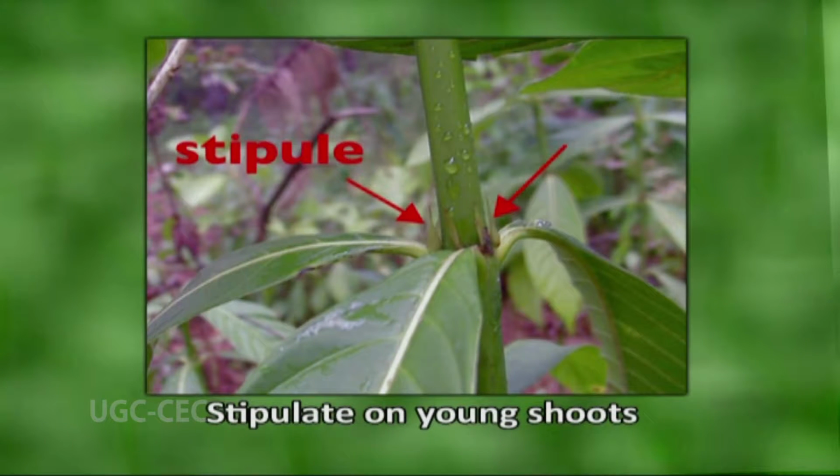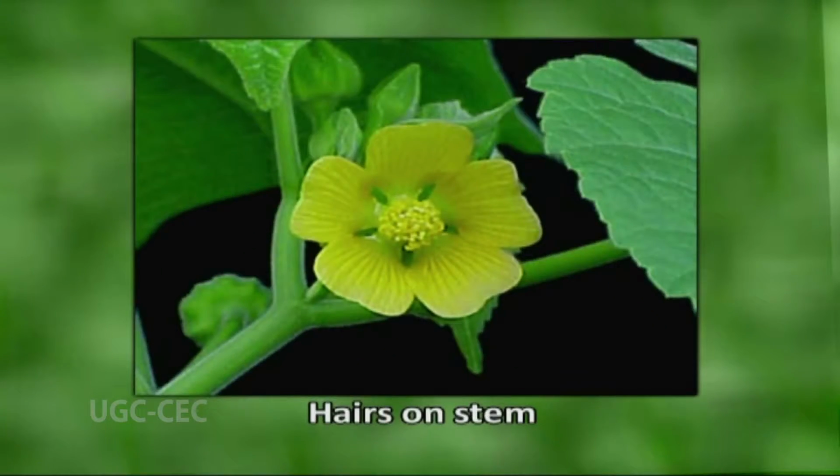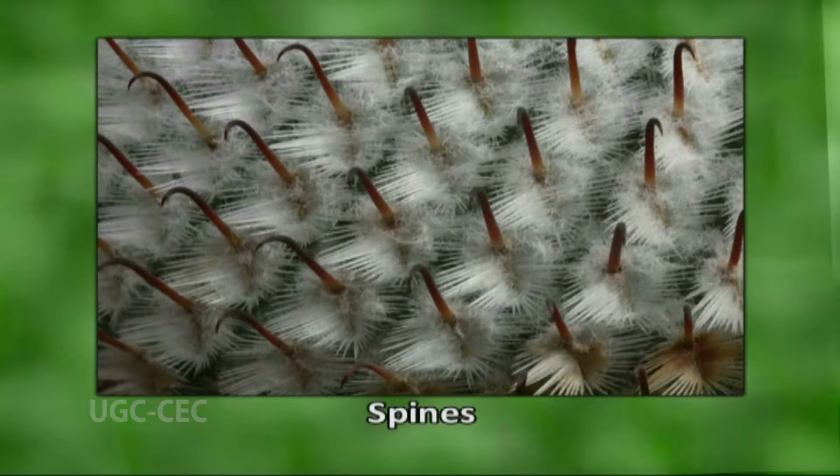Number 3. The leaf type, phyllotaxy and venation. Number 4. Presence or absence and type of stipule on young shoots. Number 5. The distribution and kinds of surface coverings, that is hairs, trichomes, spines, etc.